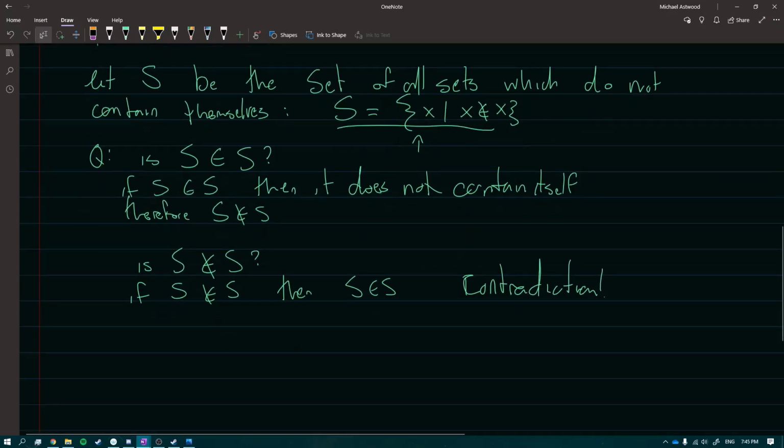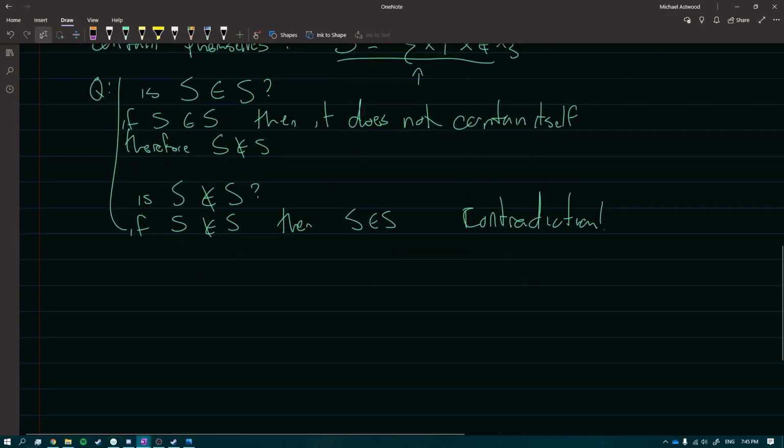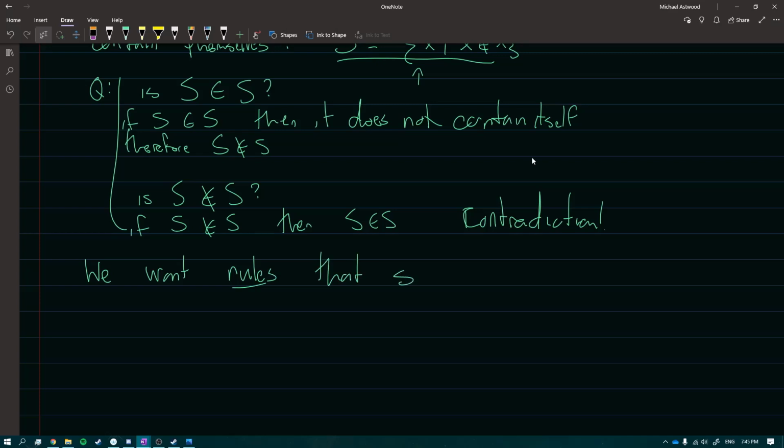And the way to resolve this is to set some axioms up, some rules that sets have to follow. And if this set were constructible from those rules, then okay, well, we'd be screwed. So what we want is a set of rules, rules that sets must follow.